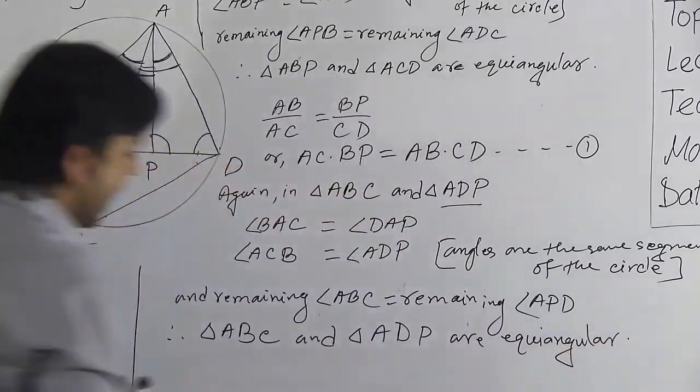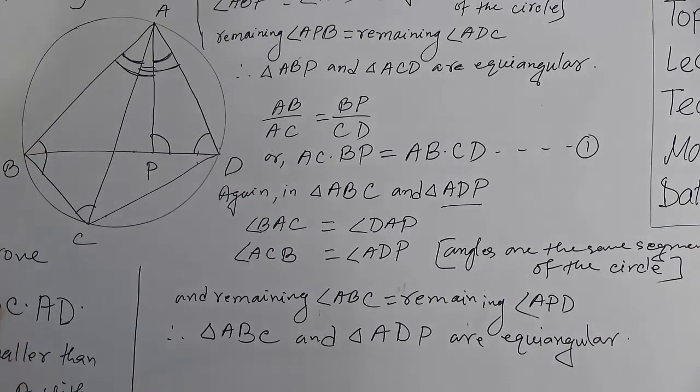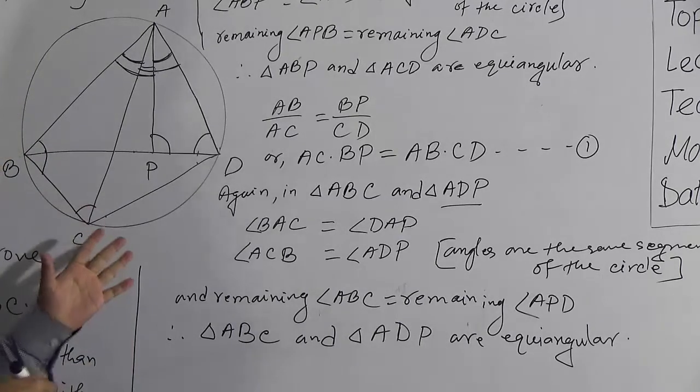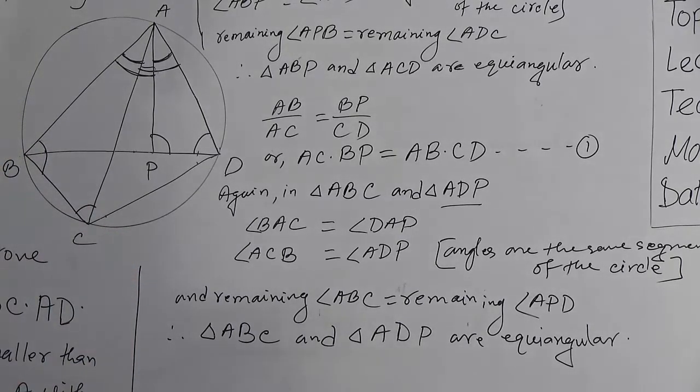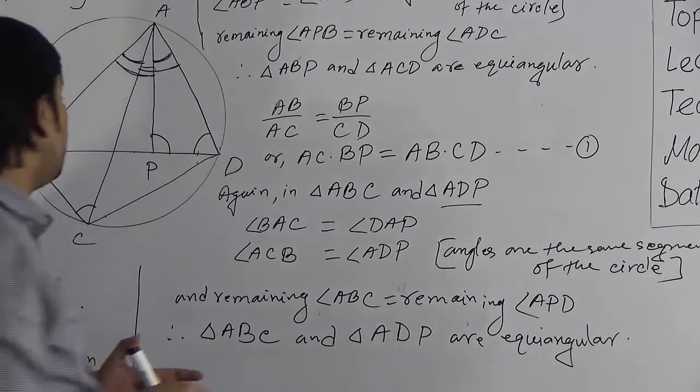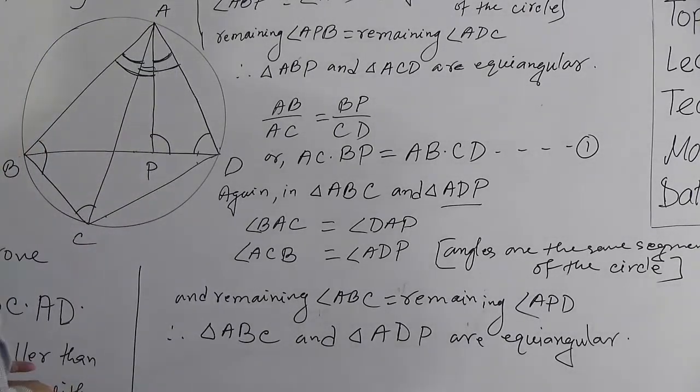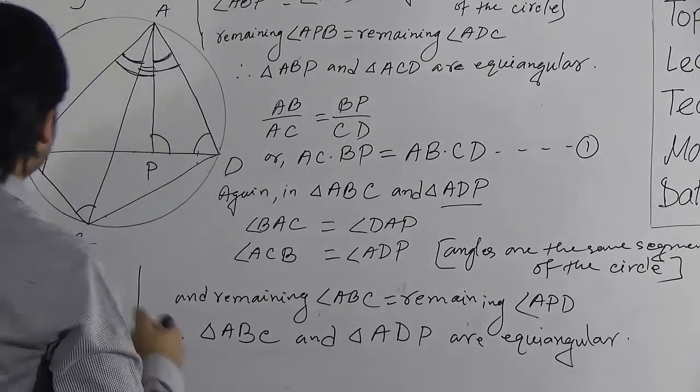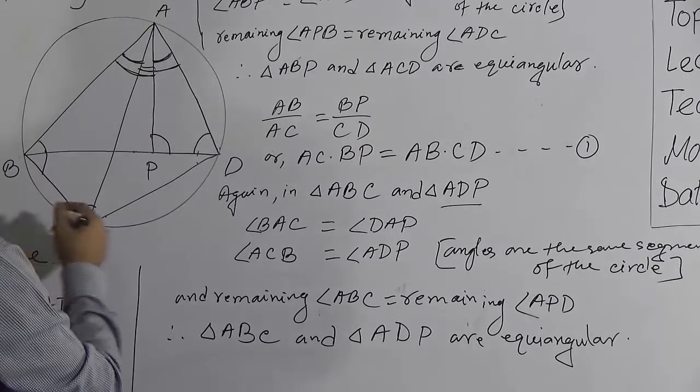As the two triangles are equiangular, the ratios of the similar sides must be equal. What are the similar sides here?